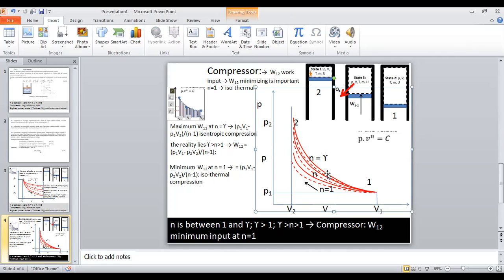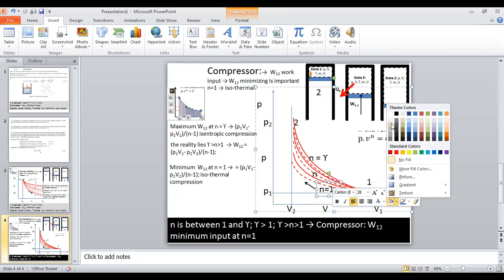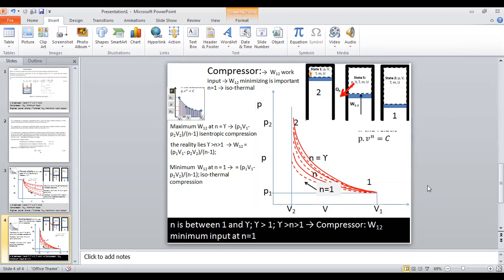Unlike work done in expansions, where n equals gamma is more desirable, for compression n equals 1, or near isothermal at least. Near isothermal means not exactly 1 but close to 1.